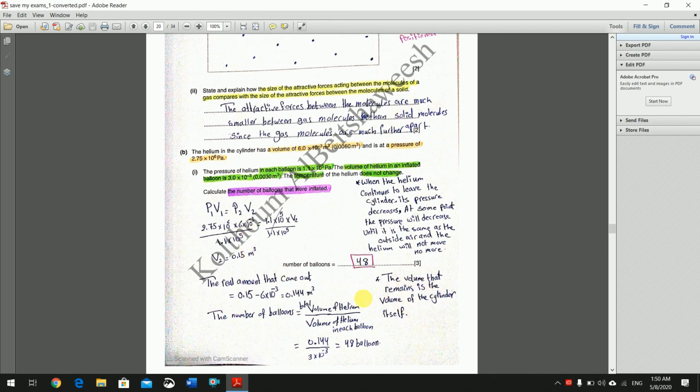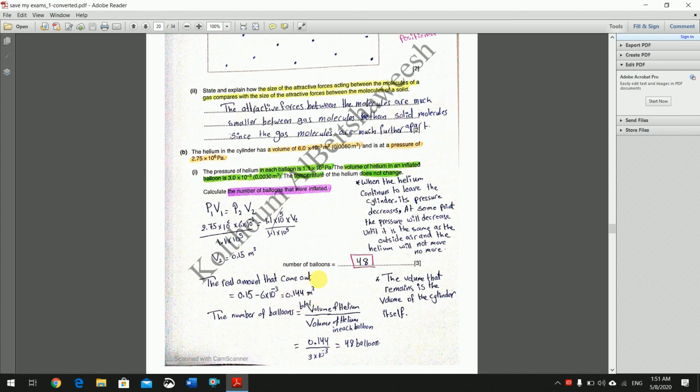In order to get this volume, which stays in the cylinder, we have to use P1 V1 equals P2 V2. So initially it was 2.75 times 10 to the power of 6 pascals multiplied by the original volume, equals the pressure after the inflation, which is 1.1 times 10 to the power of 5, multiplied by this volume, which I don't know how much it is. So in order to know the real amount that came out, we subtract this volume minus the volume in each balloon.